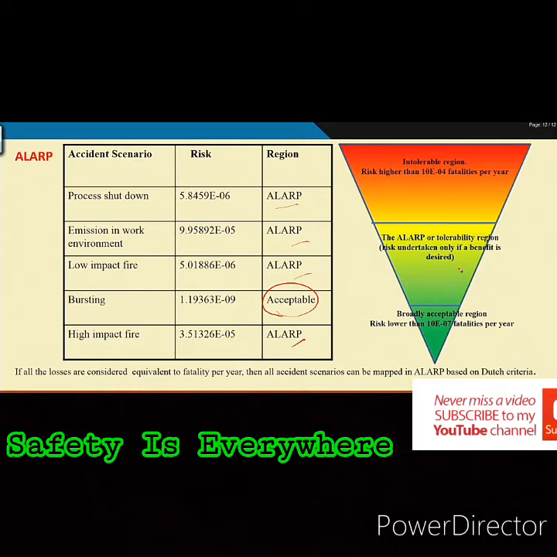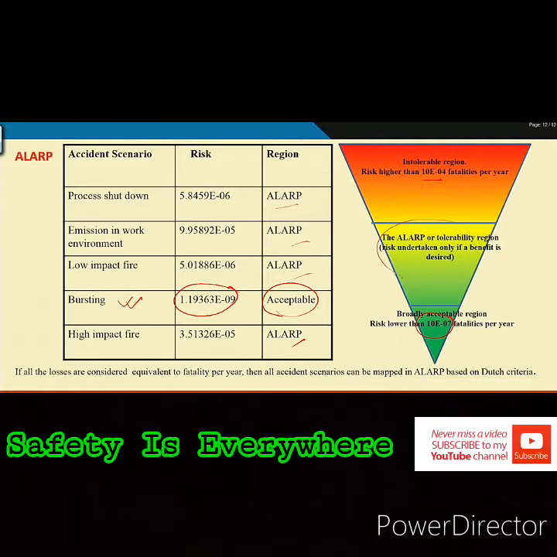So, if we consider that this risk is equivalent to fatality risk, then using the Dutch criteria, if it is less than 10 to the power minus 7, it is acceptable. If it is 10 to the power minus 4 or more, it is intolerable. No one is there, but most of the things are falling under ALARP. So, you want to reduce this risk. This is the principle.